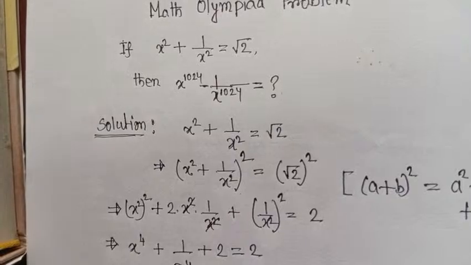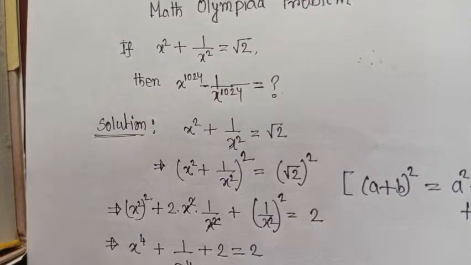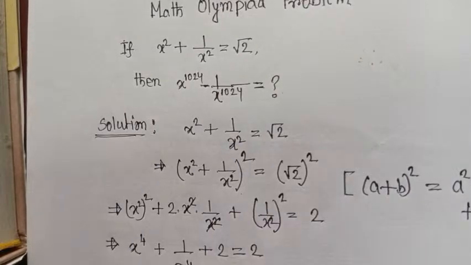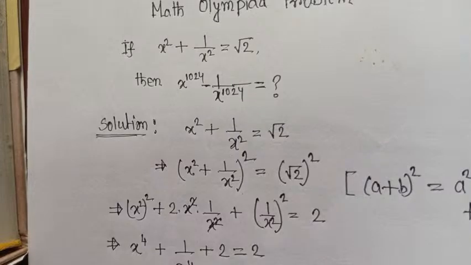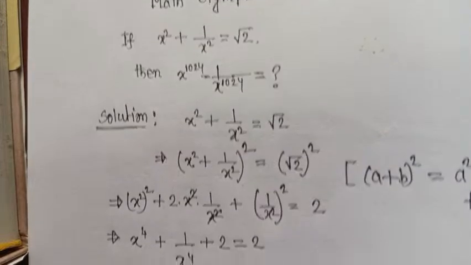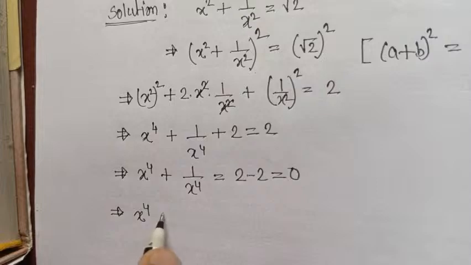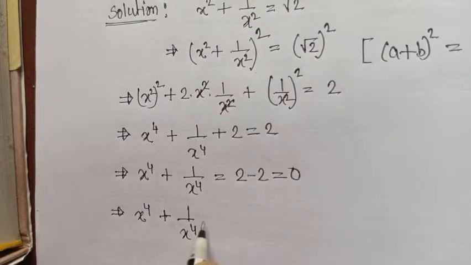Now if we move that 2 to the right hand side, the equation becomes 2 minus 2 equals 0, that is, x to the power 4 plus 1 by x to the power 4 equals 0.